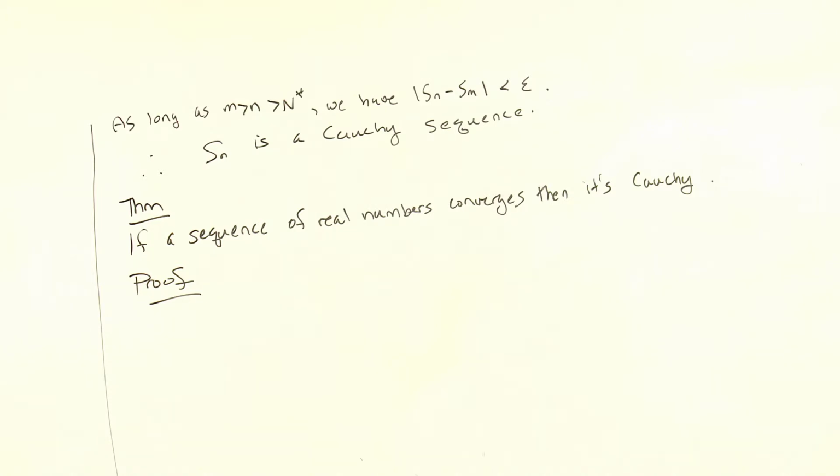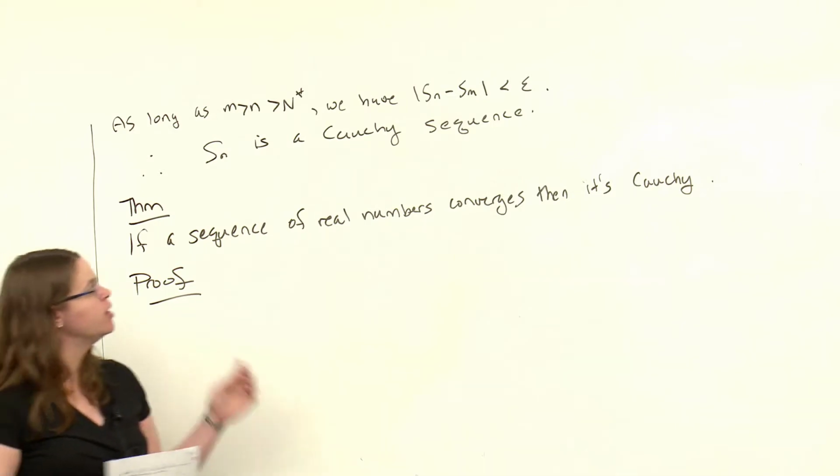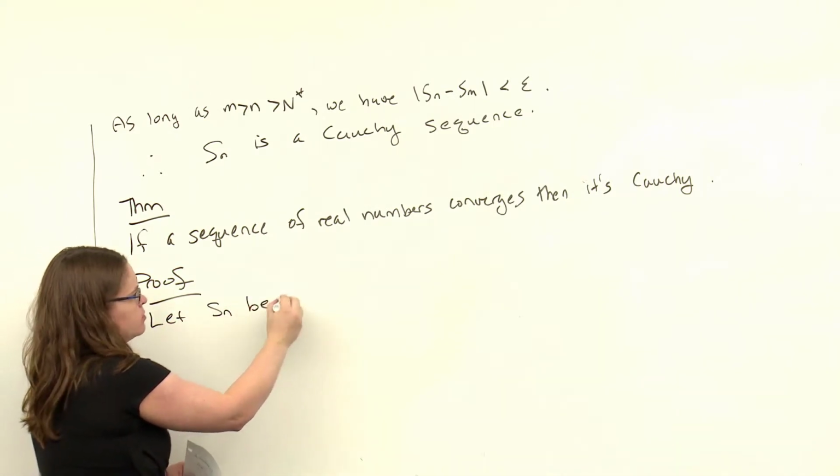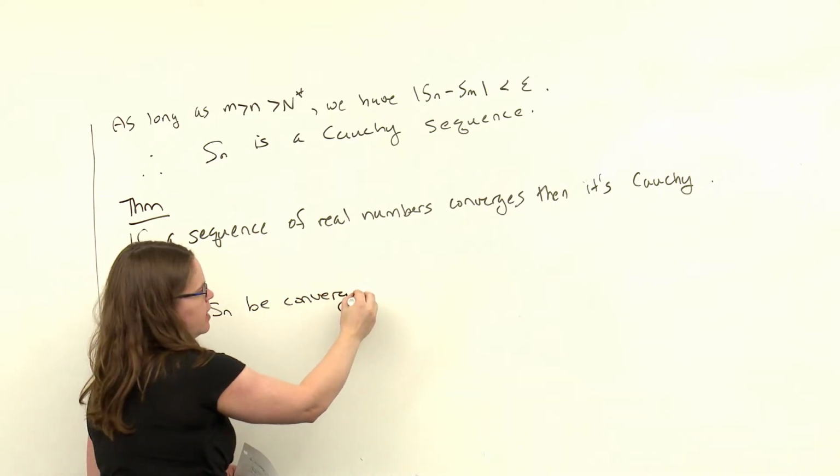Okay, this one should be not too hard to check. So we're going to start by writing down what we know. We're going to let Sn be a convergent sequence, and it has a limit S.